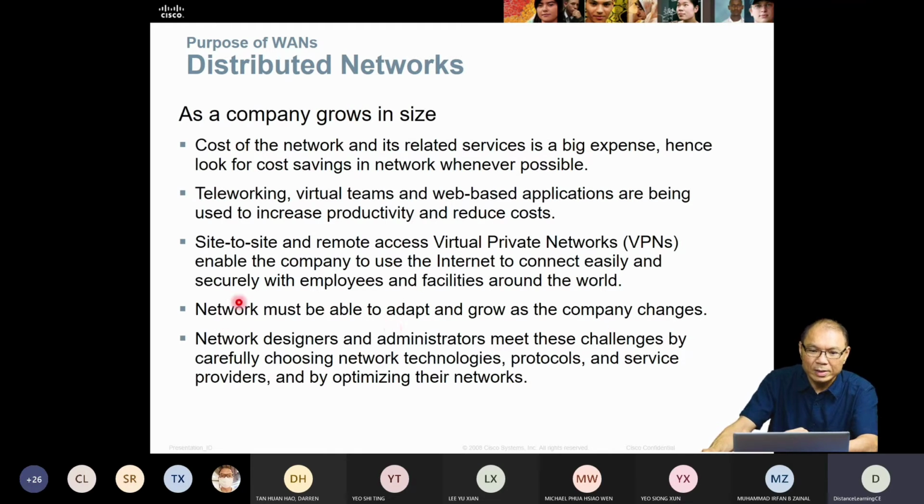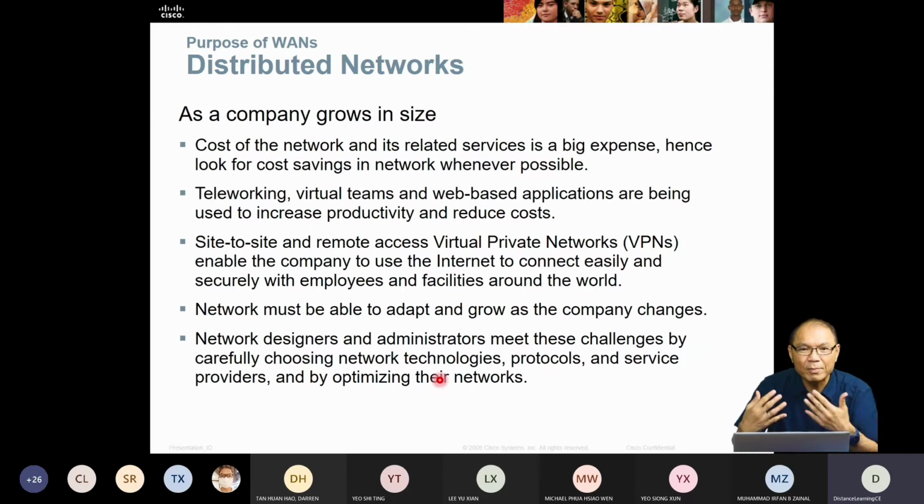So we say that site-to-site and remote access would enable the company to use the internet to connect to one another and facilities around the world. Network must be able to adapt and grow as the company grows and changes. Network designers and administrators have to meet these challenges by carefully choosing network technologies, their protocols and the service providers, and then of course optimizing the network.